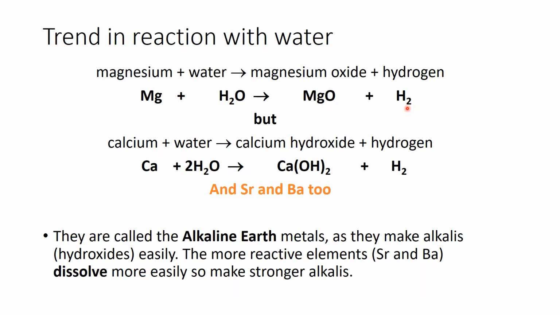Well done if you got that, because actually what you'd expect is that you would form magnesium hydroxide rather than magnesium oxide. However, all of the other elements in group 2, when they react with water, will form the corresponding hydroxide. So calcium reacts with water to form calcium hydroxide and hydrogen.